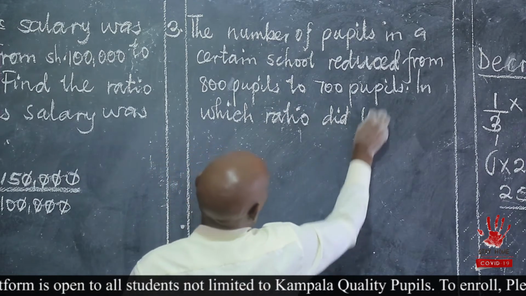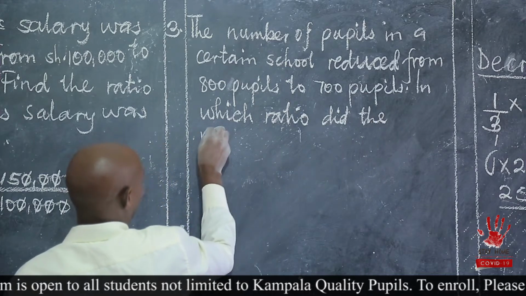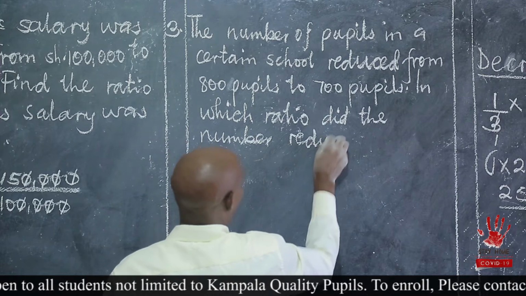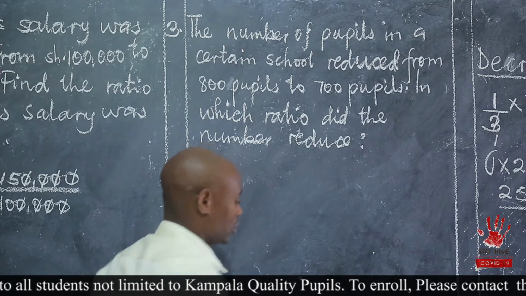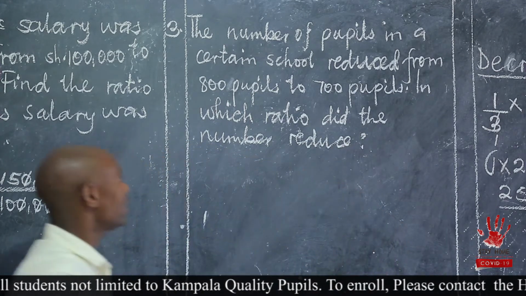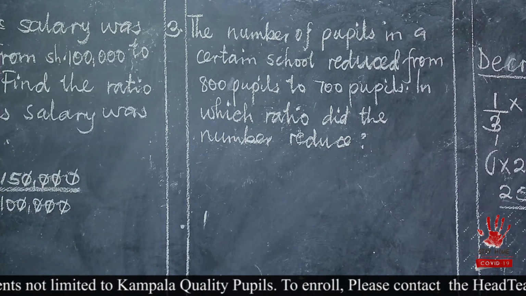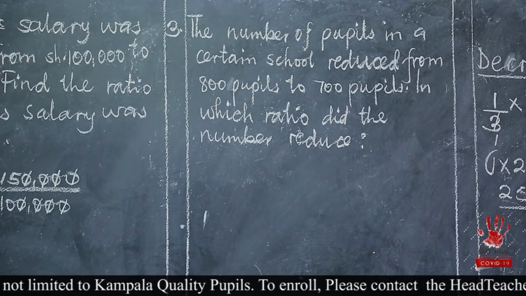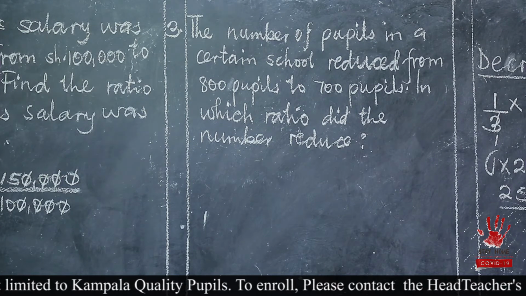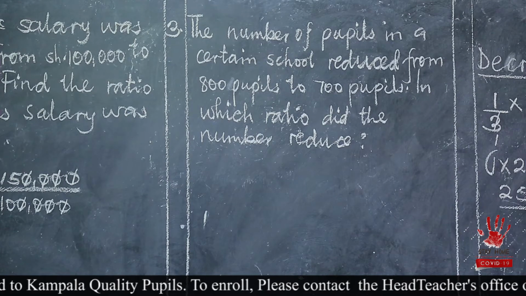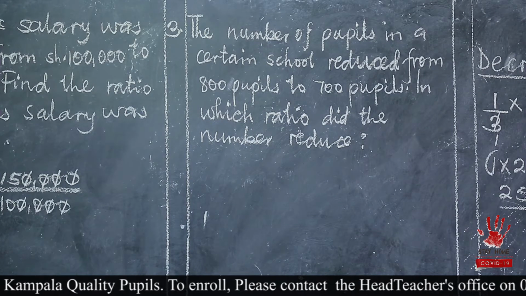In which ratio did the number reduce? The number of pupils in a certain school, which I don't know, reduced from 800 pupils to 700 pupils. In which ratio did the number reduce?